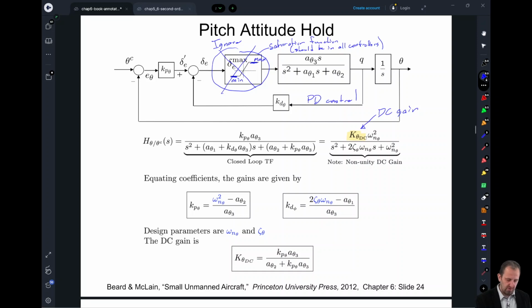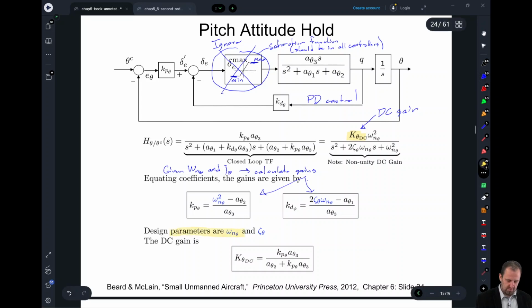If we're given our natural frequency and our damping ratio, then we can still calculate our gains. So in this control regime, our design parameters are that natural frequency and damping ratio, and then we have this DC gain, which is different from before.